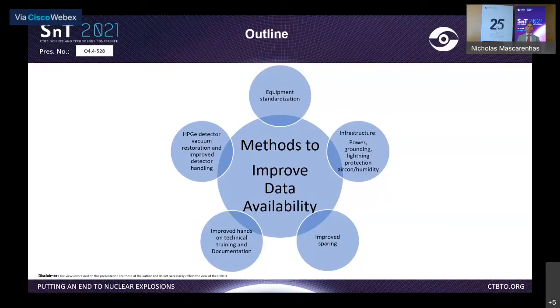I'll be talking about infrastructure improvements, power grounding, lighting, air conditioning, humidity, improved spares, improved technical training and documentation, and a little bit about some proactive work we did on gamma detector vacuum restoration, monitoring for failures before they occur, and also some measures to improve the handling of detectors to enable them to last longer in the field.